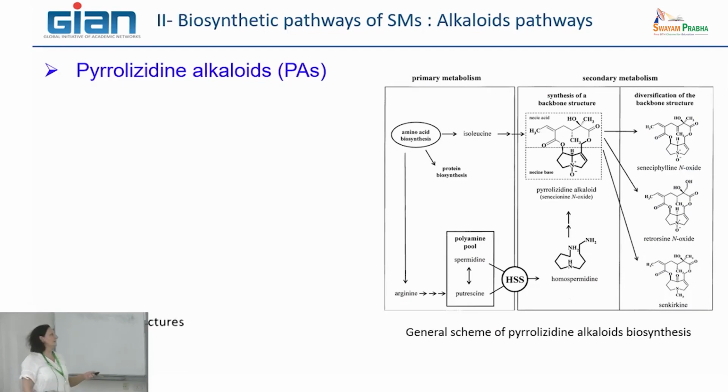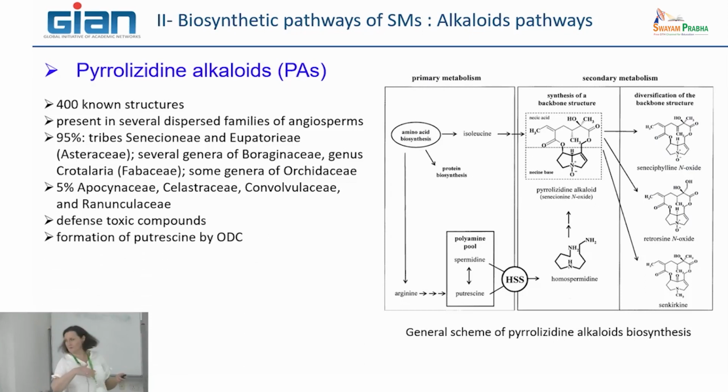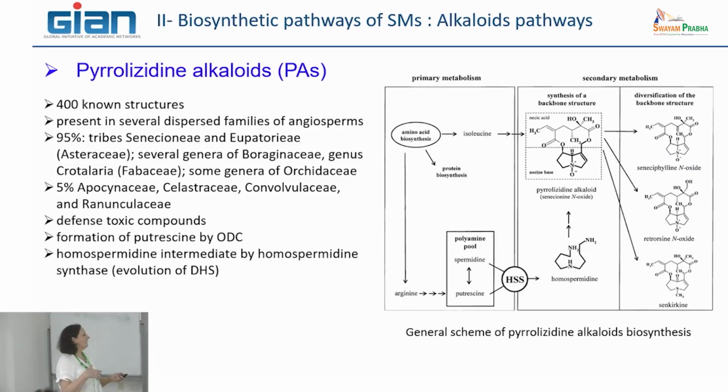For the pyrrolizidine alkaloids, you see here that you may have distinct primary metabolites, a first phase and a second phase of secondary metabolites. So here you have exactly the three phases I showed you before.